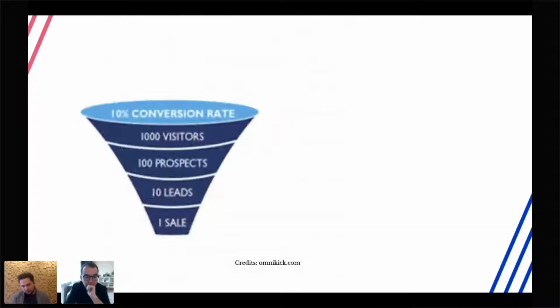So let's move to the main point, which is acquisition and activation. For this, this is basically the marketing funnel. I just put there simple random numbers.